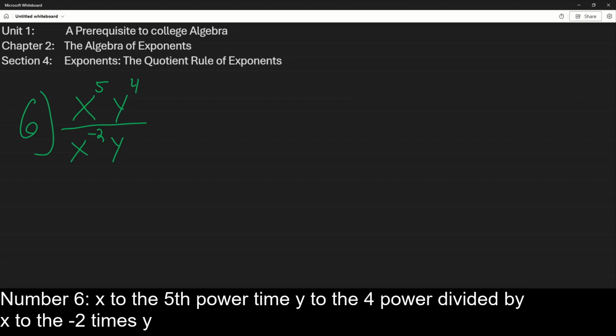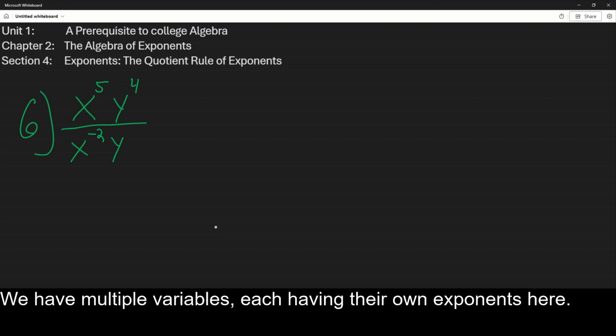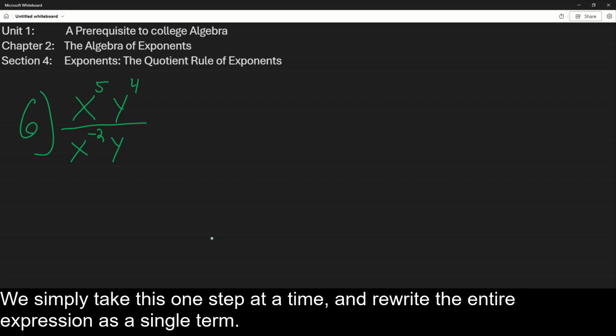Number 6, x to the 5th power times y to the 4th power divided by x to the negative 2 times y. We have multiple variables, each having their own exponents here. We simply take this one step at a time and rewrite the entire expression as a single term.